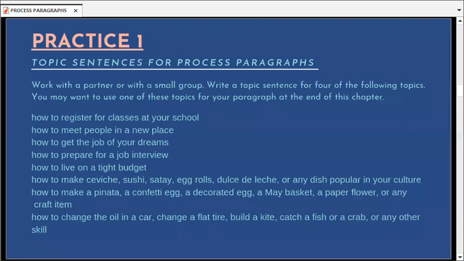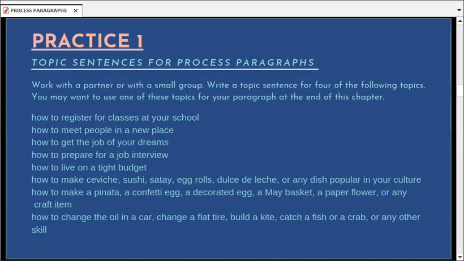How to register for classes in your school, how to meet people in a new place, how to get the job of your dreams, how to prepare for a job interview, how to live on a tight budget, how to make cabbage rolls, sushi, or any dish popular in your culture.